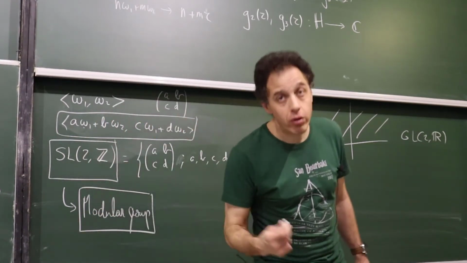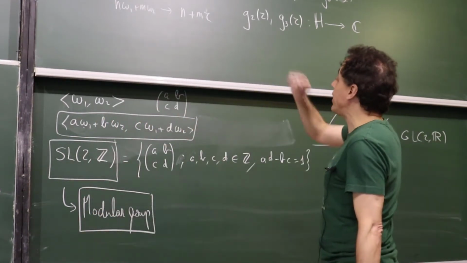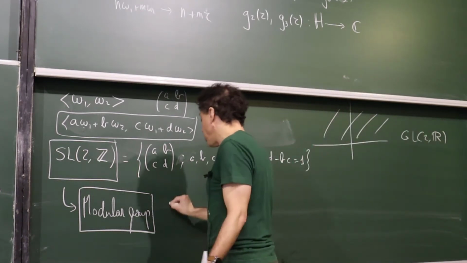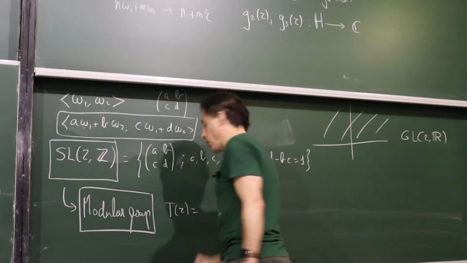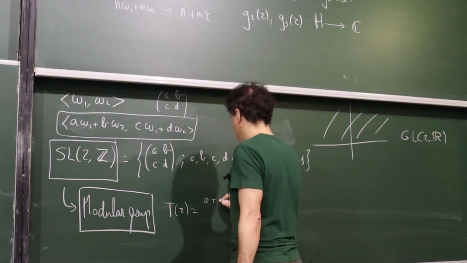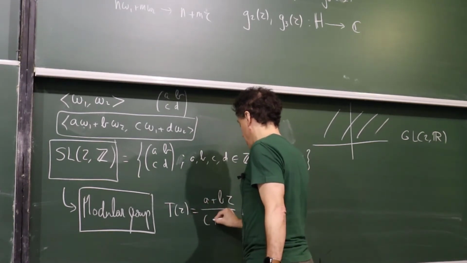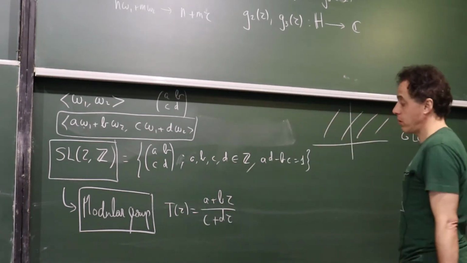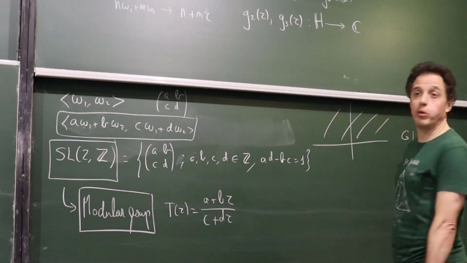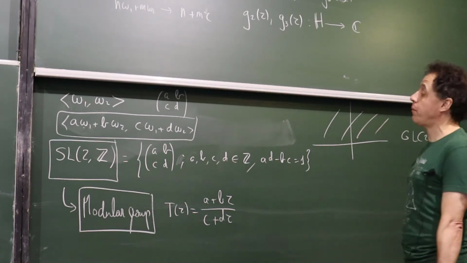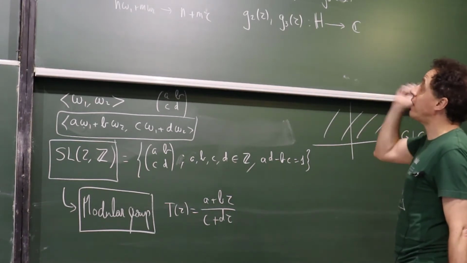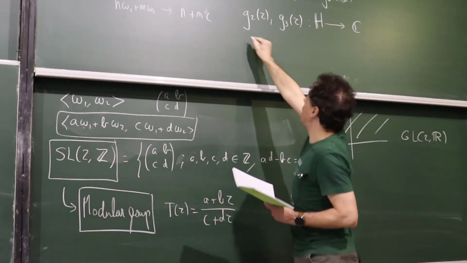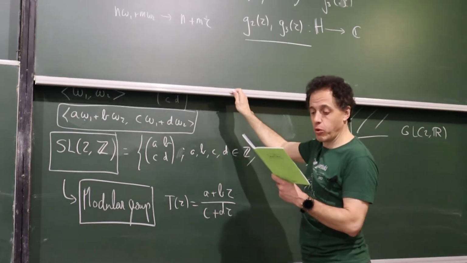What is the behavior of G2 and G3 under the modular group? I mean, an element of the modular group can be written like this, with the variable tau. The element of the modular group preserves the upper half plane, tau is in the upper half plane. So we are interested in the behavior of G2 and G3 under the action of this modular group.